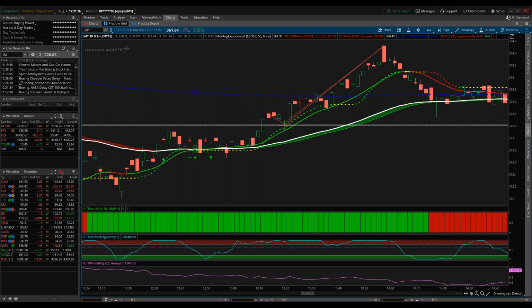And usually once that 15 changes color, you get a whole series of candles that go against you. If you look at that, it's uncanny. Like you'll get 2 up candles, 15 doesn't change color, it heads back down again. But once you get that change in color, it really signifies a change in momentum.